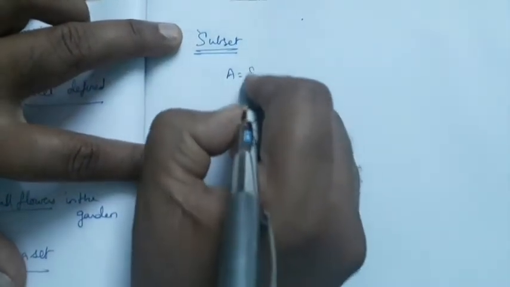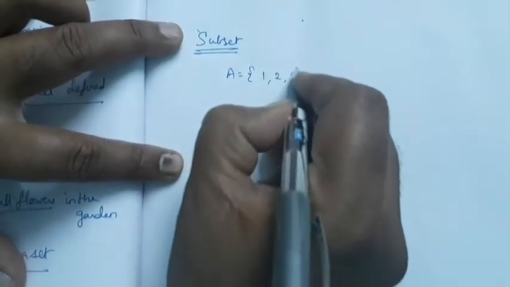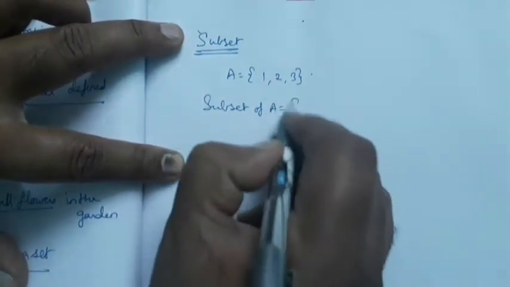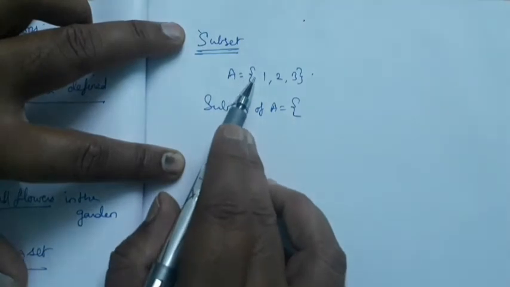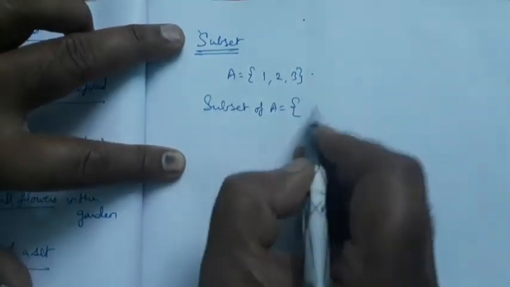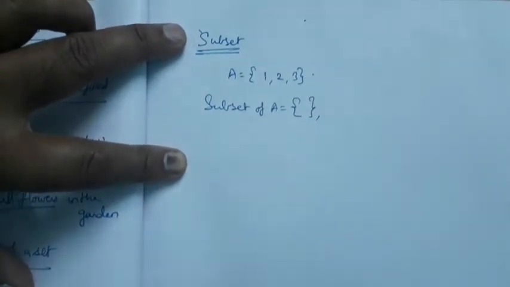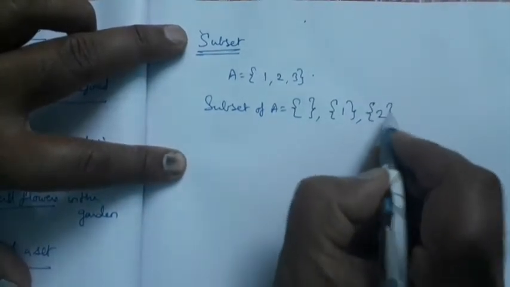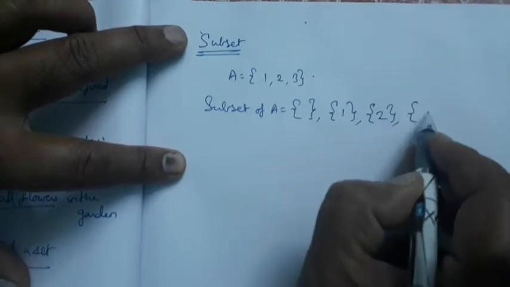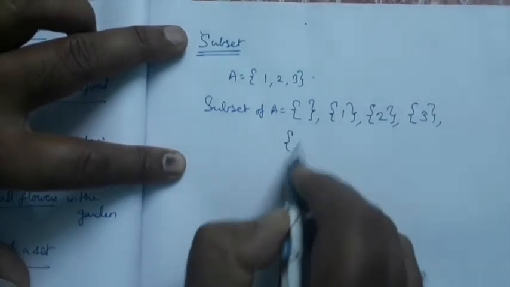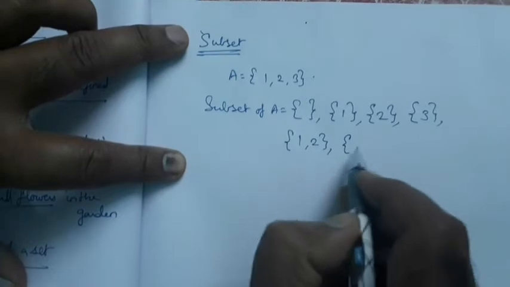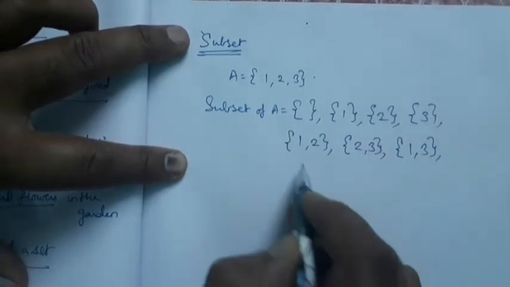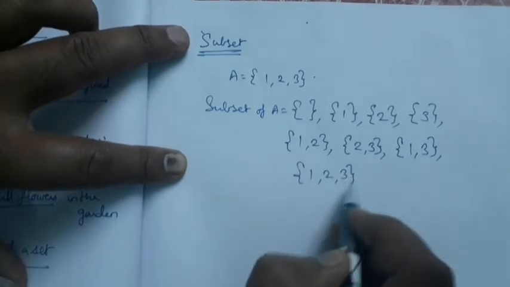Let us take a set A equal to {1, 2, 3}. So now I'm going to write subsets of A. What are the smaller sets that you can frame from this set A? First you can take the empty set, then 1 alone, then 2 alone, then 3 alone, then {1, 2}, then {2, 3}, then {1, 3}, then {1, 2, 3}.